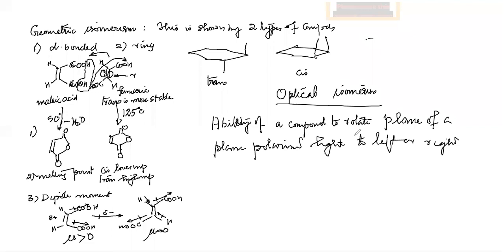This is what is called optical isomerism. Now let us see what this is.